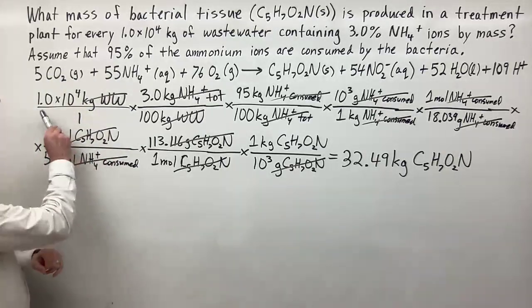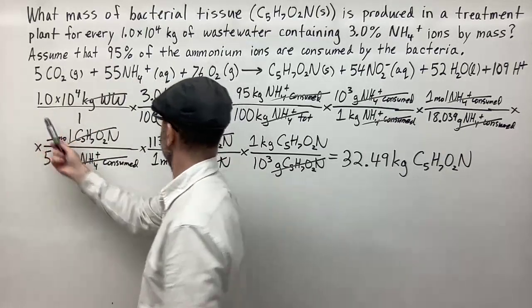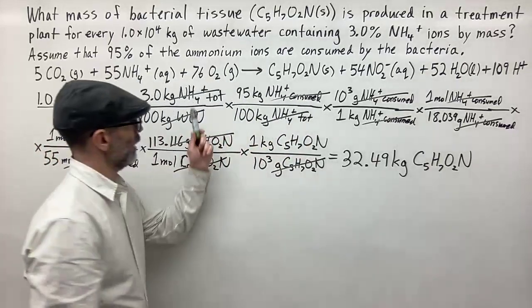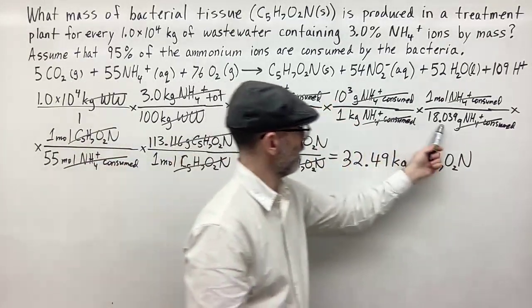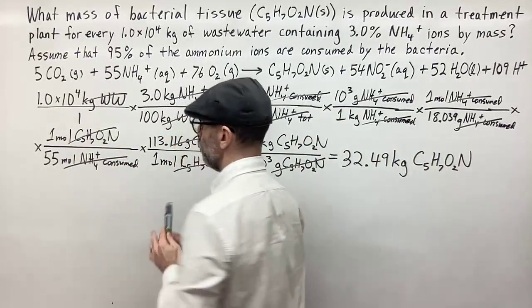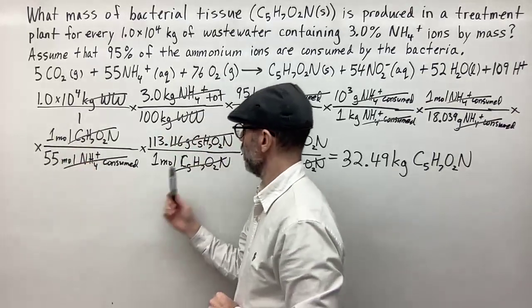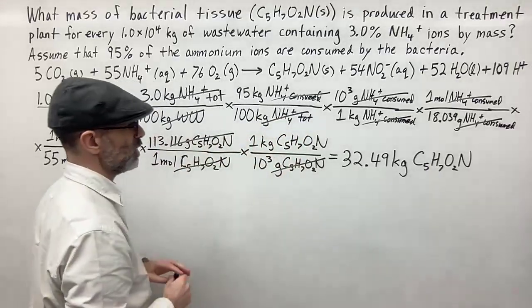So here we have 2 sig figs, 2 sig figs, 2 sig figs. Here, this is exact. We have 5 here. We have 2, or actually, this is exact. Here we have 6 sig figs. This is exact. So the least number is 2.